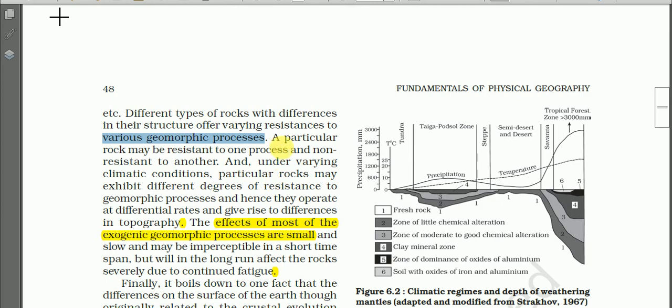A particular rock may be resistant to one process and non-resistant to another. For example, limestone is resistant to wind action.